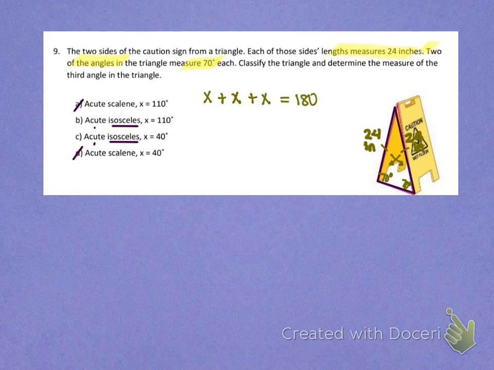Perfect. I don't know one of the angles, and one is 70, and another one is 70 degrees. I add these two numbers up first, so 70 plus 70 we should know is 140.